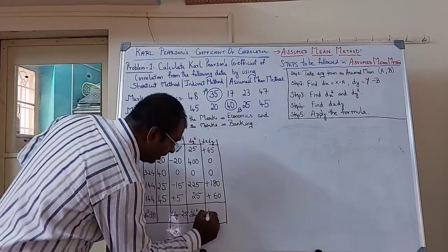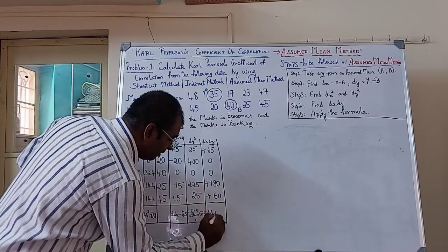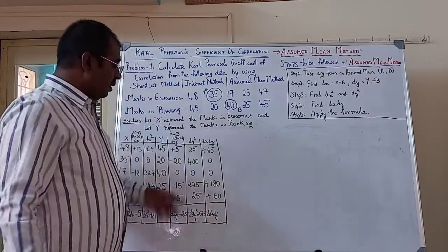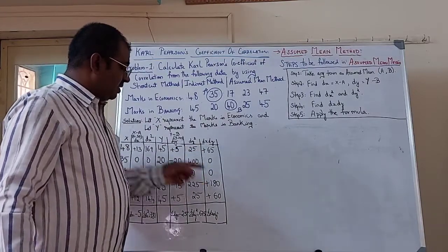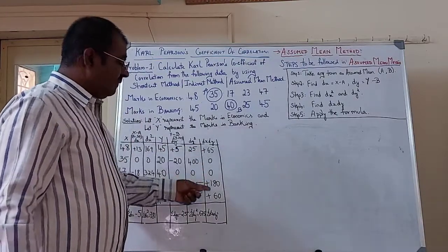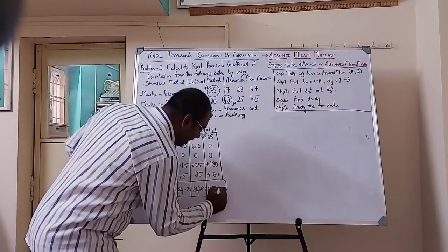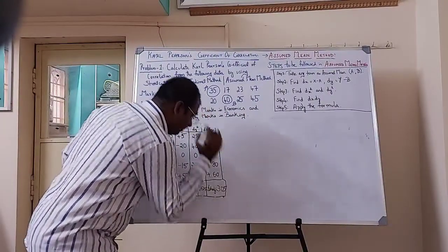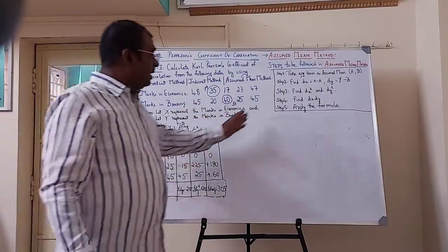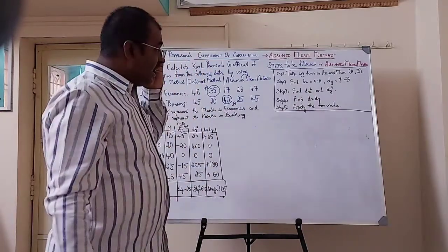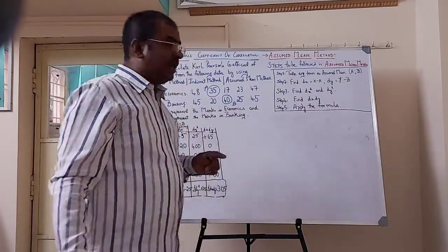So sigma dx dy is equal to 65 plus 180, 245 plus 60, 305.